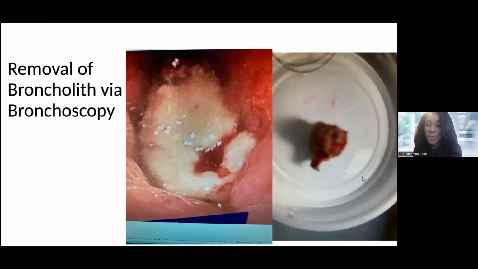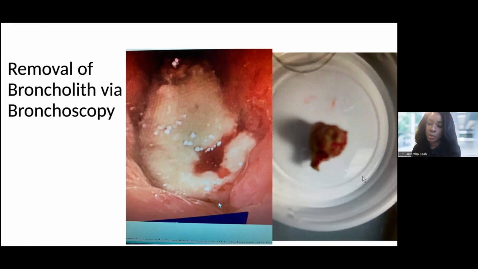So what can we do with bronchoscopy? Well, we can go in and take these things out and clean up the airway, as well as help the airway heal a little bit better, because once this broncholith is removed, the airway behind it is really inflamed, and a lot of granulation tissue forms.